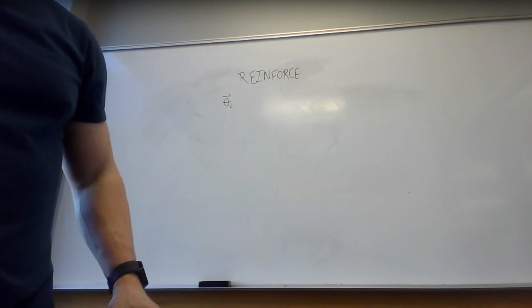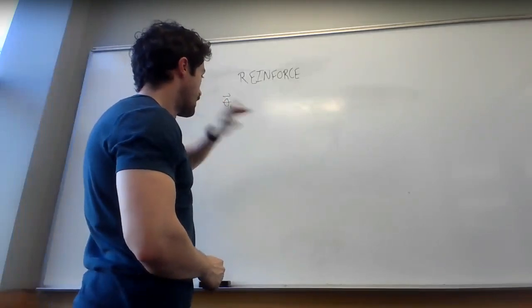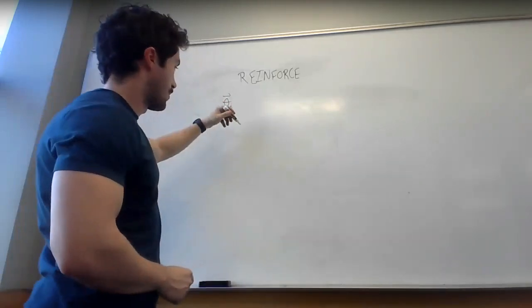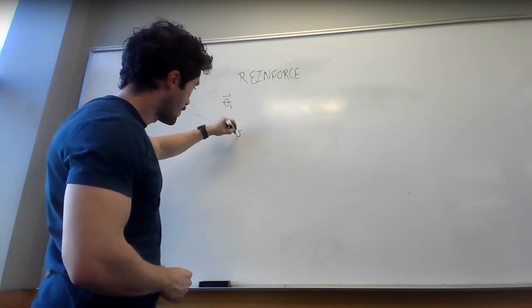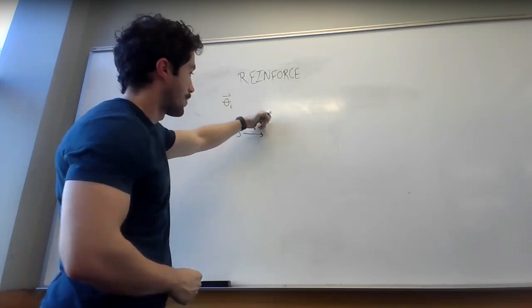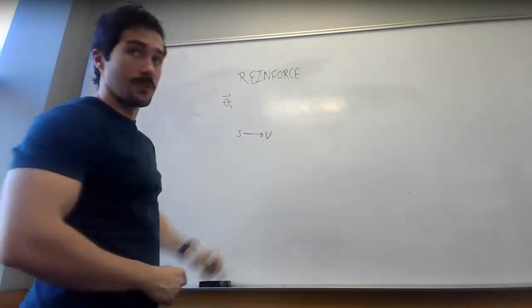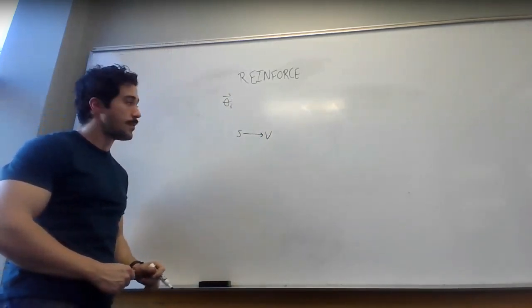So your neural network is going to eat states. I should say all the different ways we could do reinforcement learning. So one is states mapped into the neural network, and you get outputs which are value functions. So this is value learning.